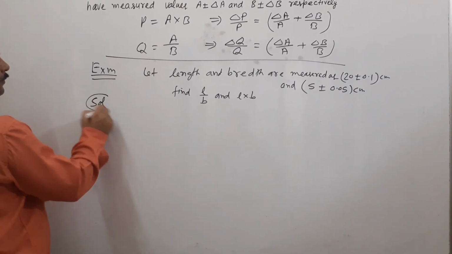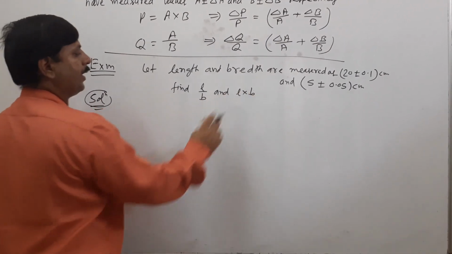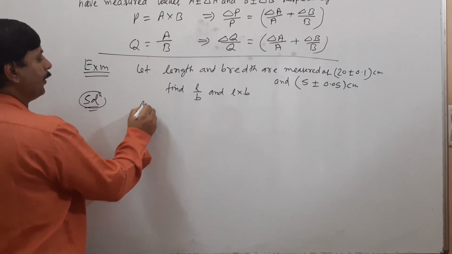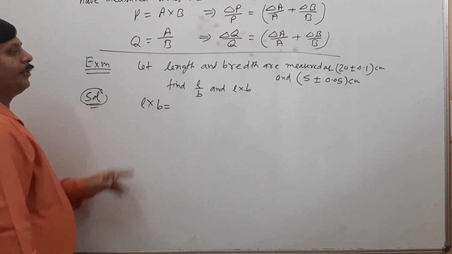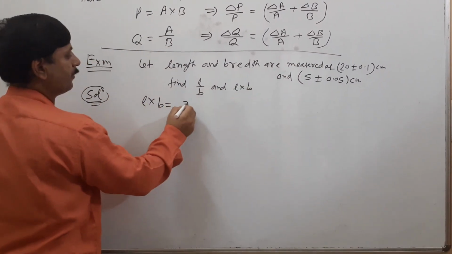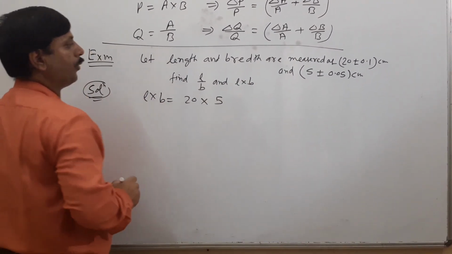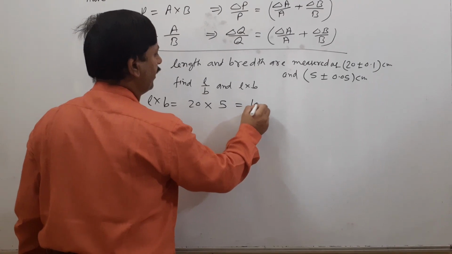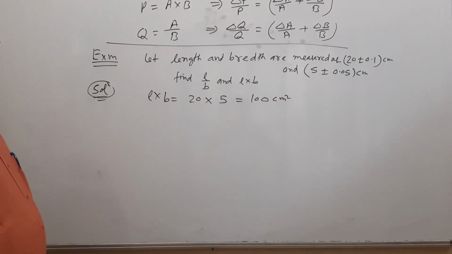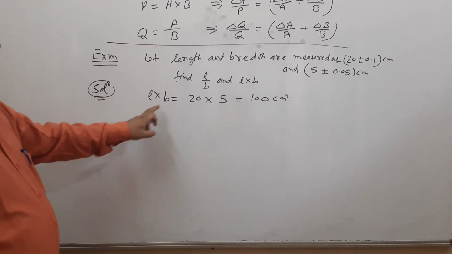Solution. First I have taken length into breadth, that is also the area, you know. What will be the length into breadth? Length is 20, breadth is 5. 20 into 5 is 100 cm square. What will be the error? I have told you in the product what the error will be.